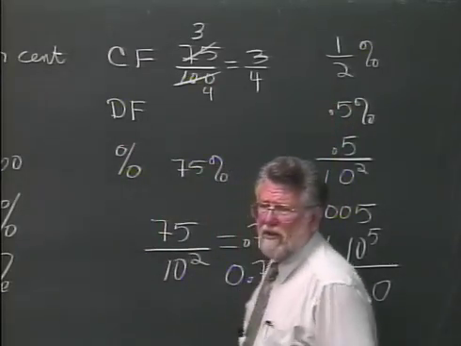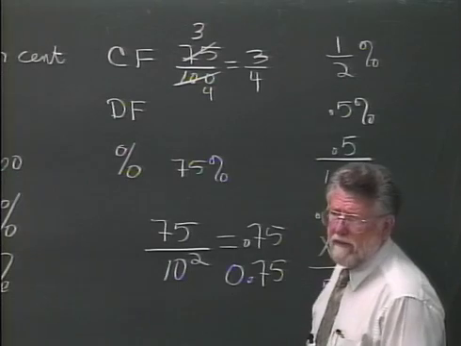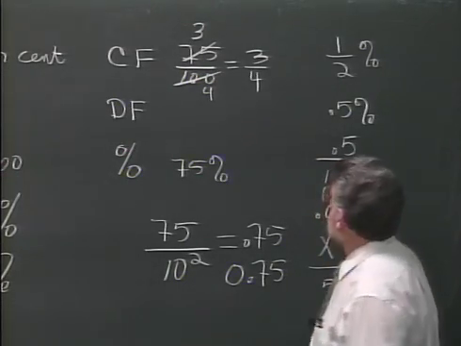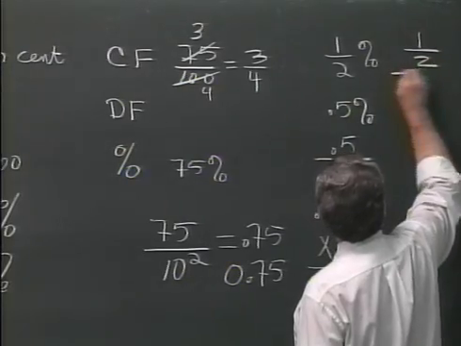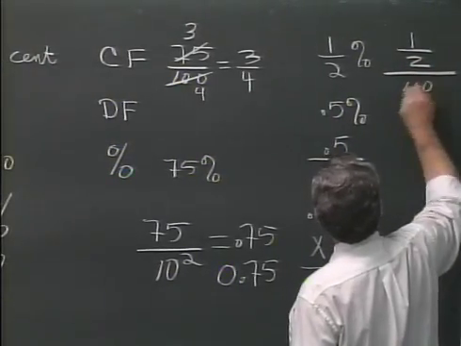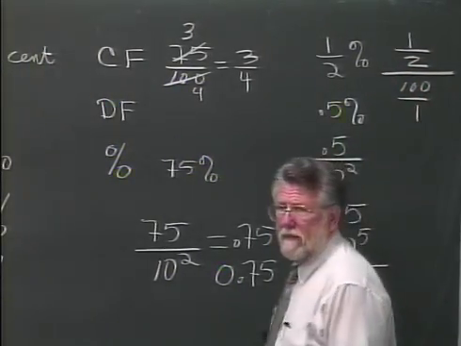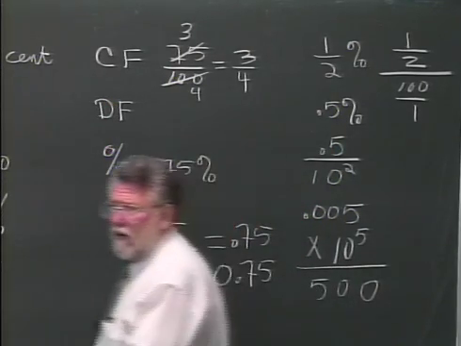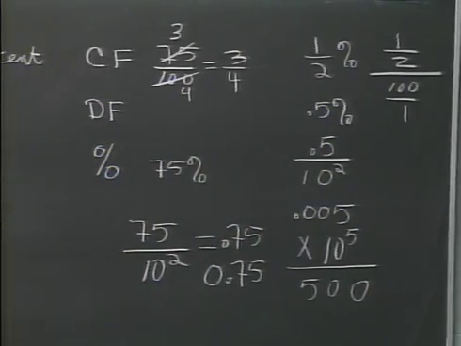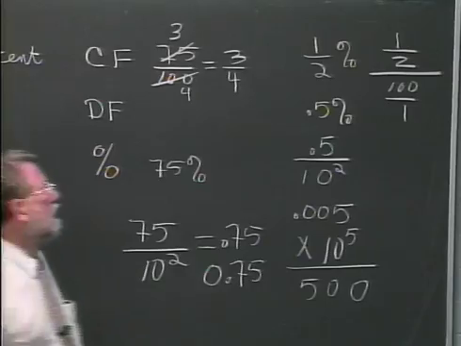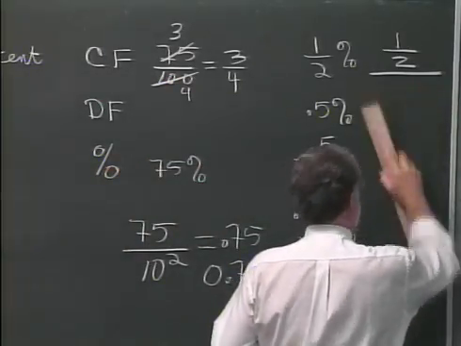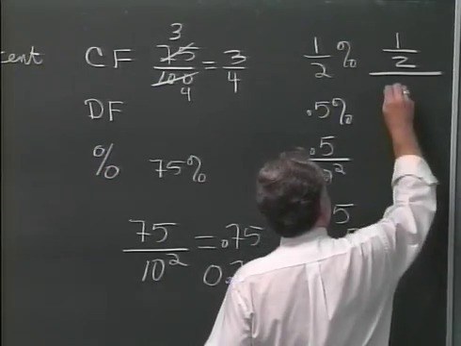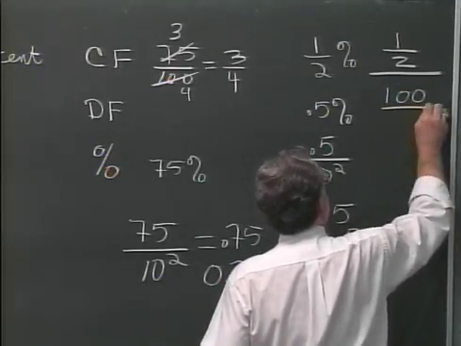I have 1/2%. I want it as a common fraction. Again, remember, this is meaning 1/2 over 100 over 1. Okay, Ernie, I'm going to get an eraser for a moment. Just stay where you are. That didn't read as nicely on the screen as I'd like, so let me clean it up and make that 100 a little bit more readable.